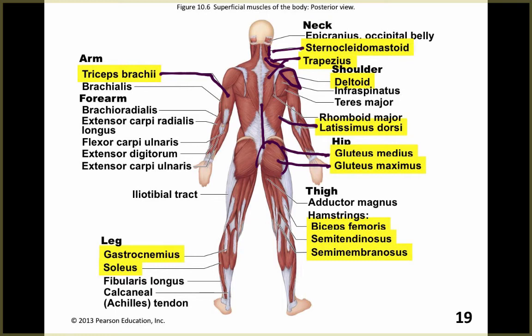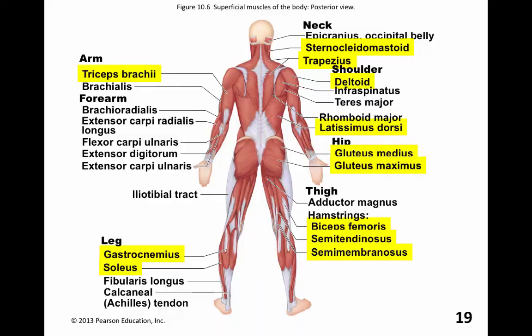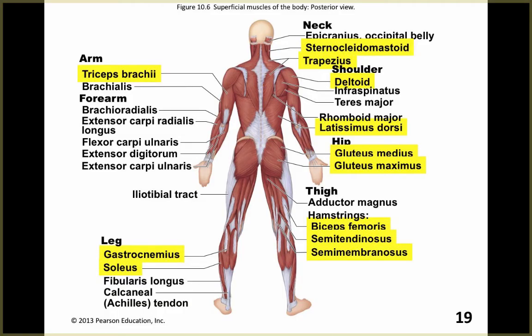You can see this, but I did it more in the front. It makes it easier to see the adductor muscle here. And then for the hamstring group, you have the biceps femoris, that's here.